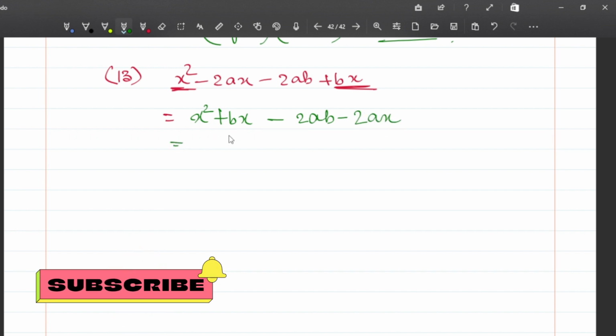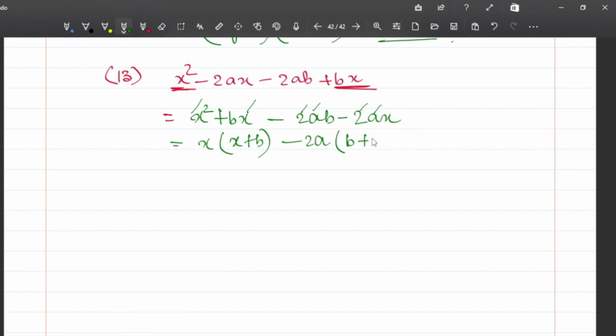Now take common x from the first and second term and take common minus 2a from the other two. Now x plus b and b plus x are the same. So take common again, and that is your answer.